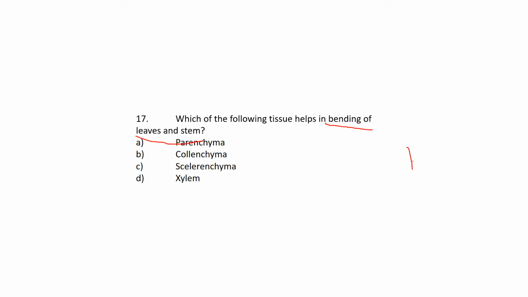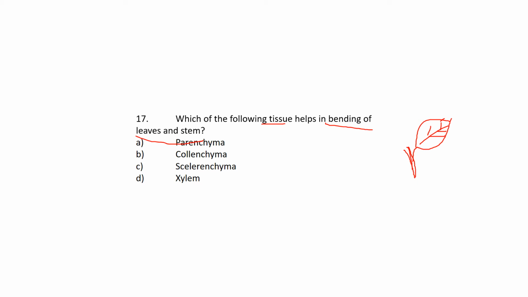For example, many times we have seen either a leaf or a stem bent, right? When heavy wind occurs, at that time that particular portion of the plant or particular leaf is bending. So here we have to find out which tissue helps in bending of leaves and stem.